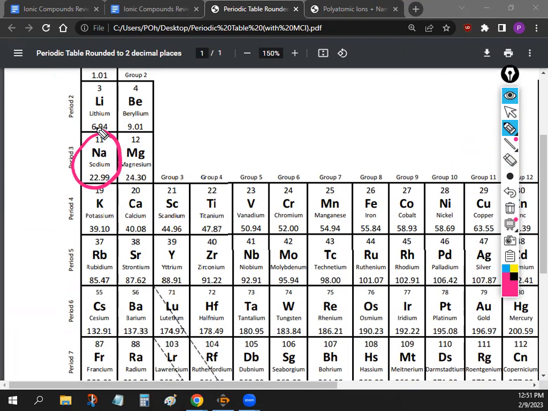So if you see there, it says Na, and beneath that, the little smaller letters, sodium. Na is sodium. So this one's not intuitive, but you might have heard at some point in the past, table salt, NaCl, sodium chloride. So it might be familiar.